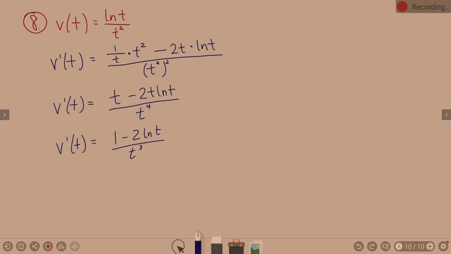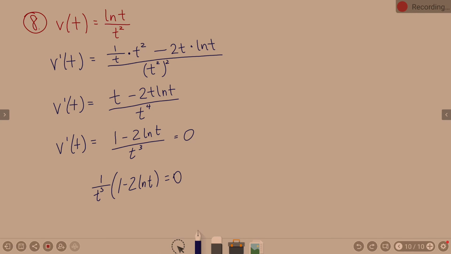At some point, we need to set this equal to 0, right? We can either set equal to 0 here, or I wrote it in a slightly different way also, if I put that t to the third out front. But what it comes down to, guys, what do you have to consider for a fraction to equal 0?